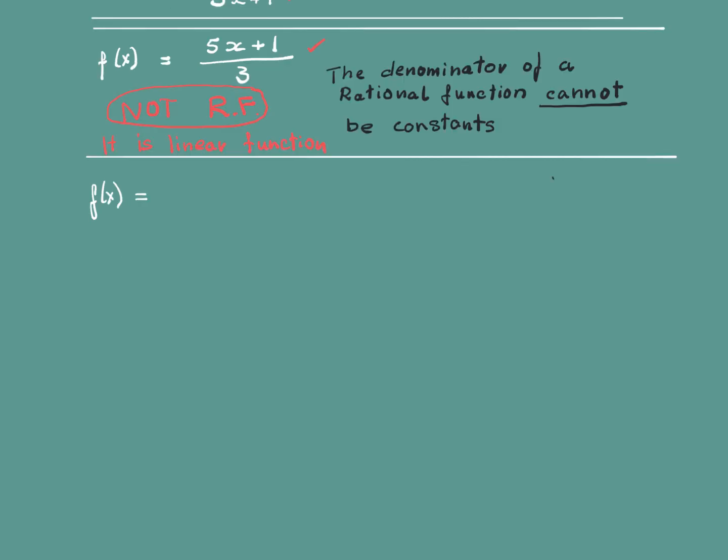Other functions which will also not be rational is 1 over root x, because we know that root x is not part of a polynomial, since a polynomial cannot have a fractional exponent. This is not going to be a rational function.